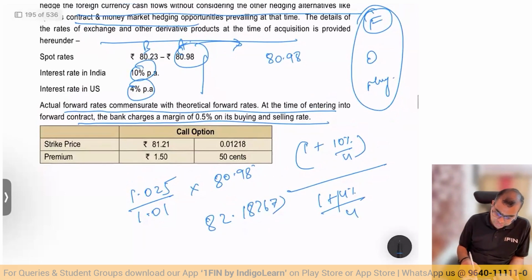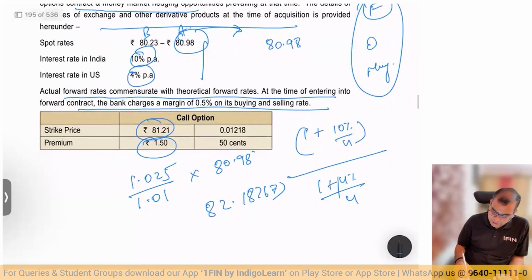Then you need to buy a call option at a strike price of 81.1 and premium is 1.5. So if premium is 1.5 at the time of entering, bank charges so and so. And please note plus 0.5%.